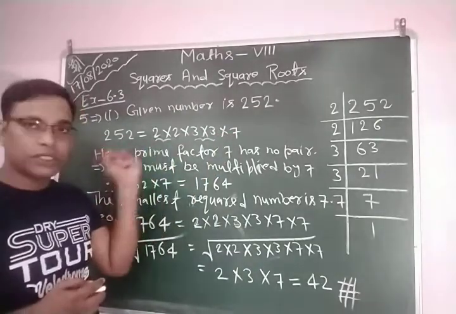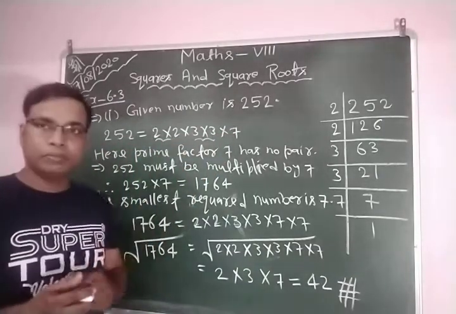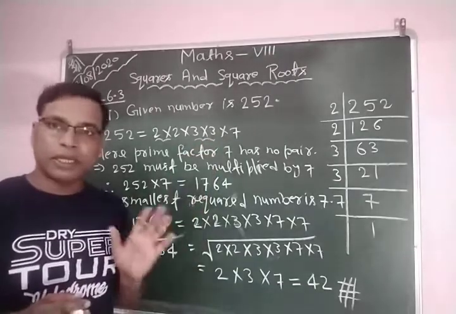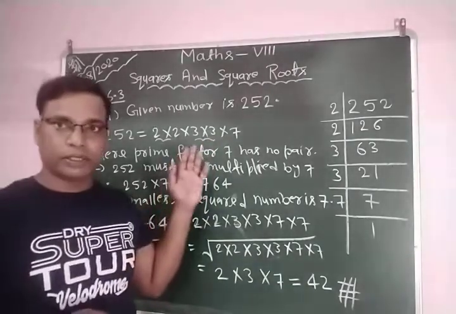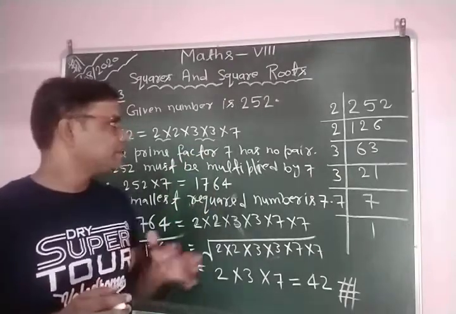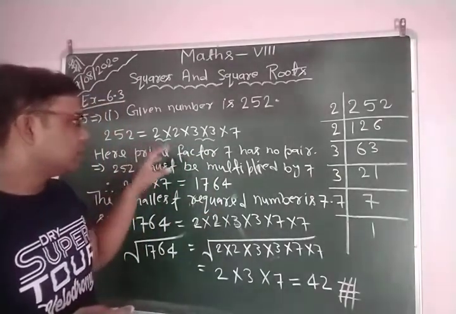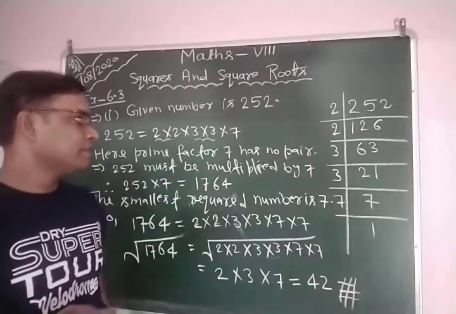Here you can see 2 has a pair, 3 has a pair, but 7 has no pair. So we multiply by 7.